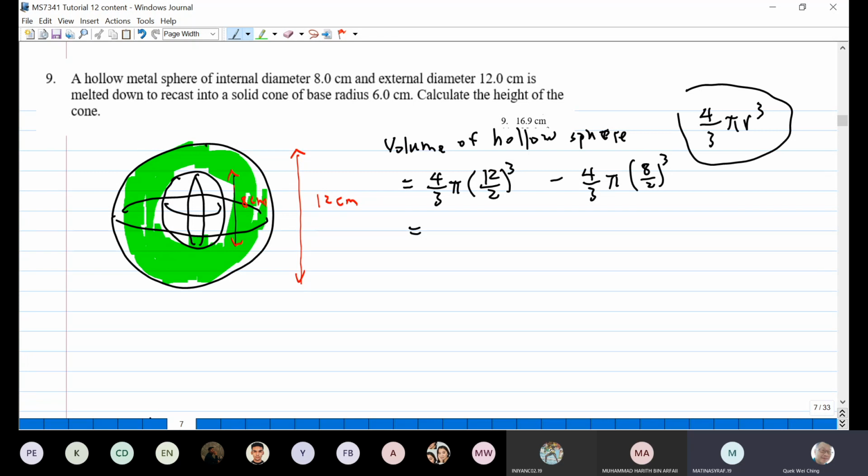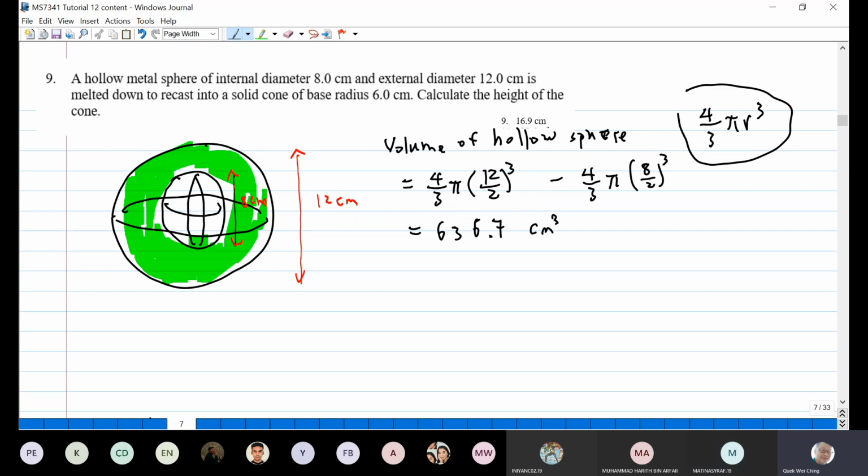Afterward multiply by pi, then multiply by 4 over 3. So this volume here is approximately 636.7 cm cubed.